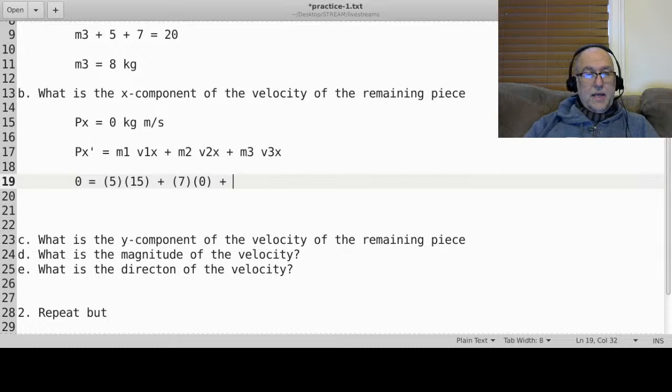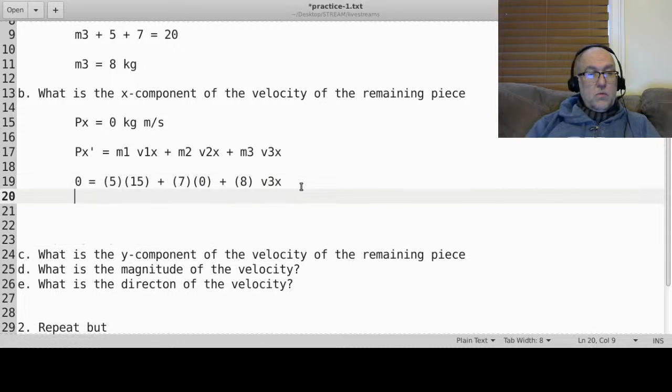And then finally plus m3, and m3 we decided was 8 kilograms, and we don't know what that value is. So basically what this is saying is that the 5 kilogram has purely a 15 meter per second velocity along the x direction, and that has to balance against the 8 kilogram. Why? Because the 7 kilogram isn't contributing at all to the momentum along the x direction. The 7 kilogram is only contributing along the y direction.